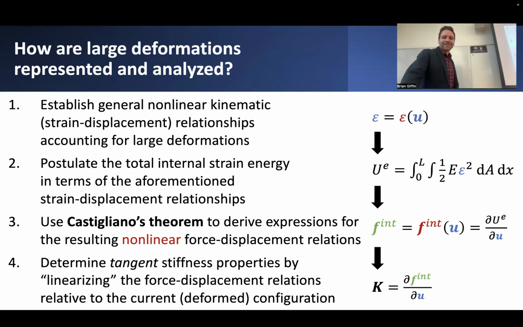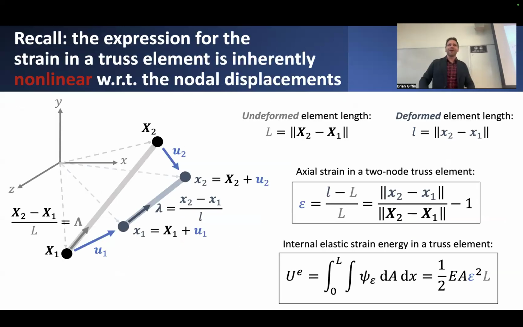I keep talking about it, but let's actually go back and remember, how did we go about deriving the expression for strain in an axial member? So recall, when we were dealing with truss elements, we started from a description of a truss element as being this two-noded linear element connected by two nodes.